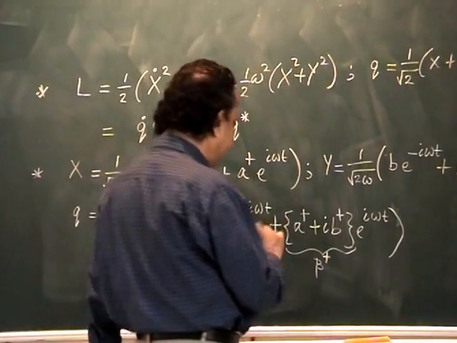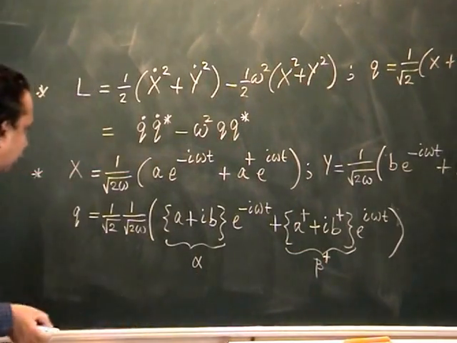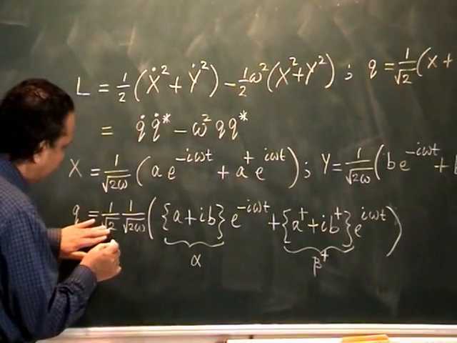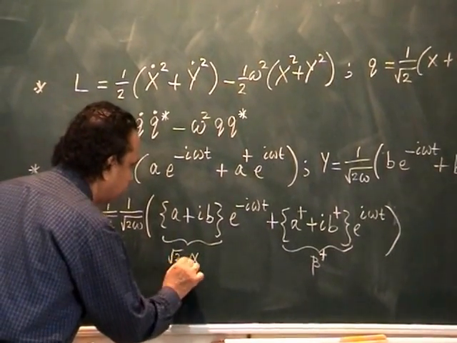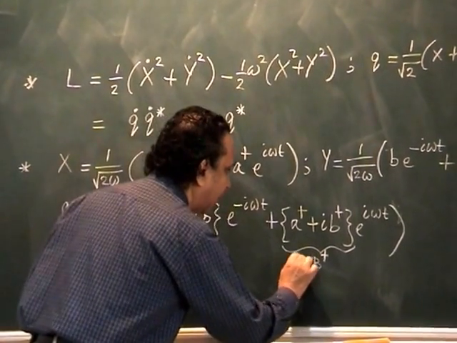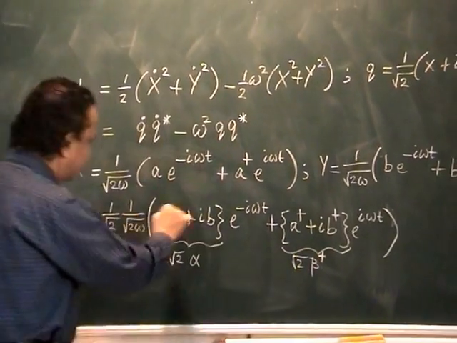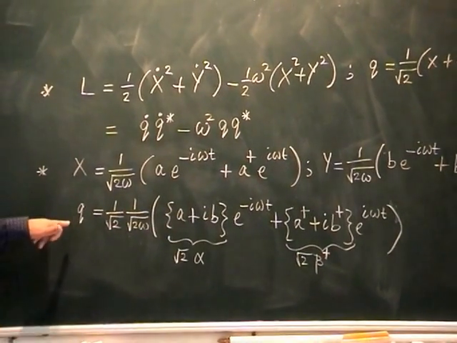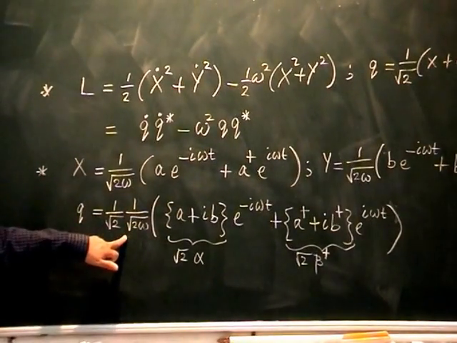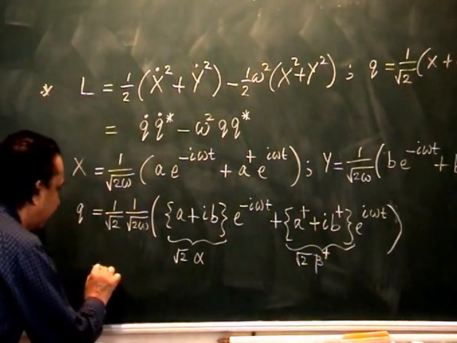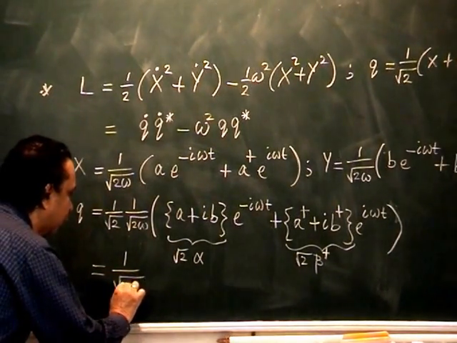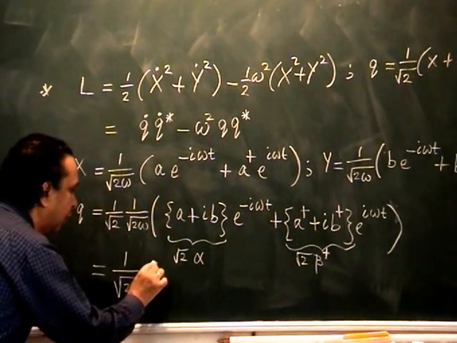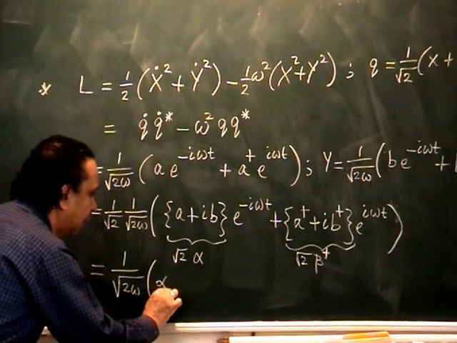Actually I will take this root 2 factor inside, so that Q becomes 1 upon root 2 omega. Let me write it down. Q is this quantity, because we are going to work with Q.